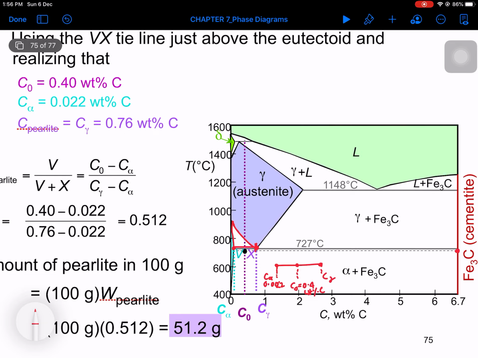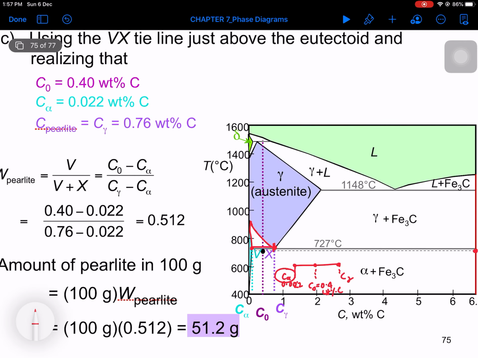Just before it transforms, this is the amount of proeutectoid alpha ferrite that we have.